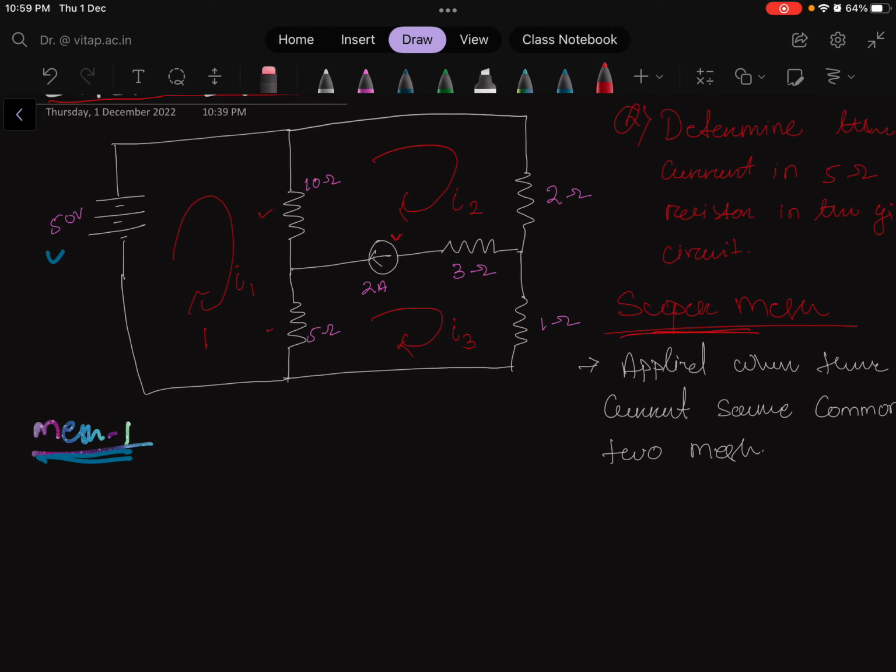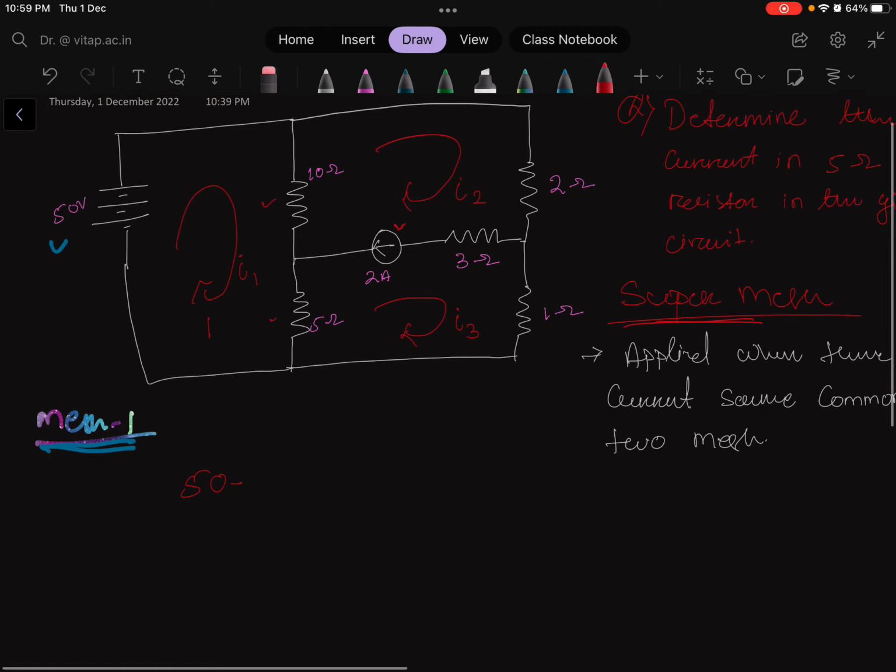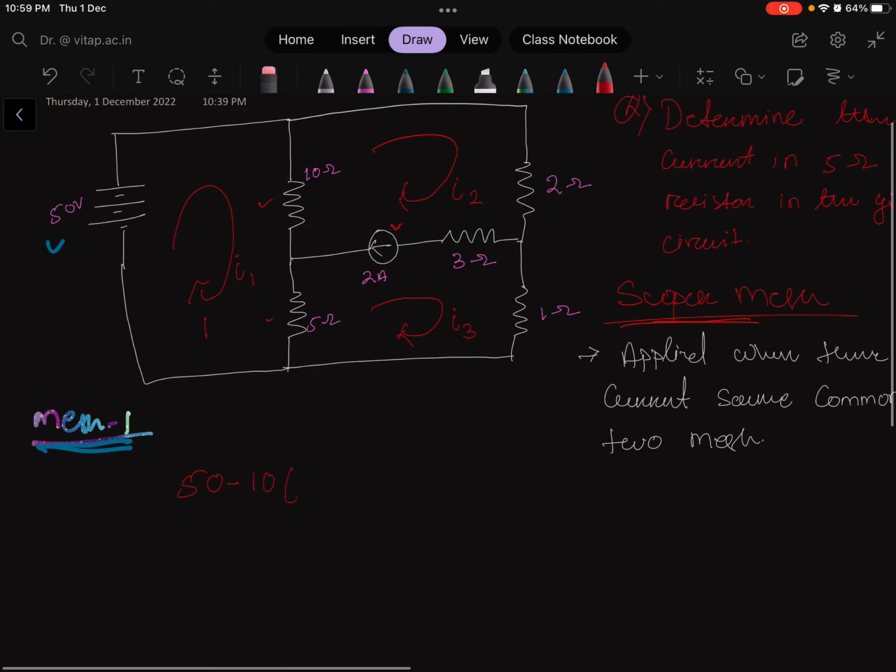So I can write 50 minus 10 into (I1 minus I2), because I1 is flowing in this direction and I2 in the opposite direction, again minus 5 into (I1 minus I3) is equal to 0. So this is my first equation.